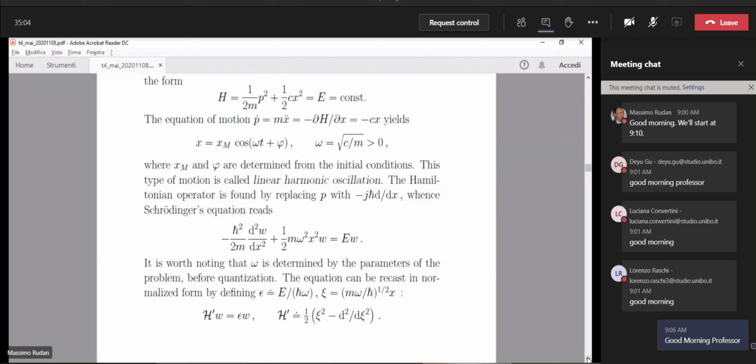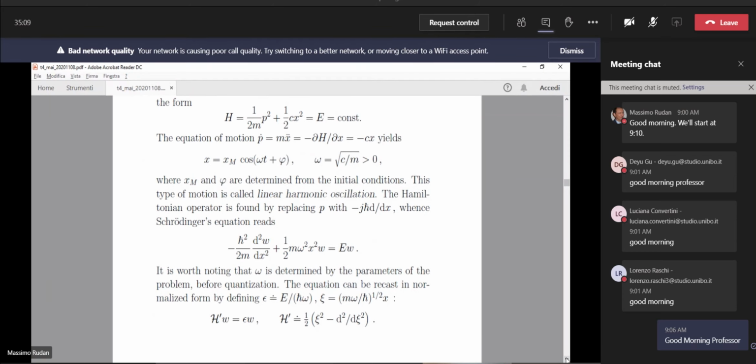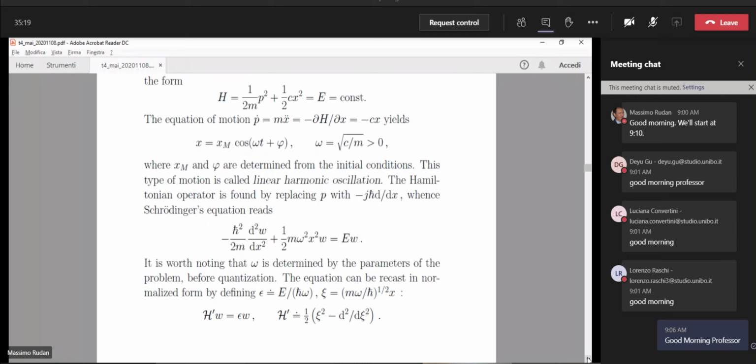So since the procedure by series is legitimate, but on the other hand, we find that the series diverges, the only possible solution is to truncate the series, so to impose that the series becomes a polynomial. And when we do so, we find eventually the solution. Okay, this is a possible way for solving the equation, but it is not very elegant. It is by brute force.